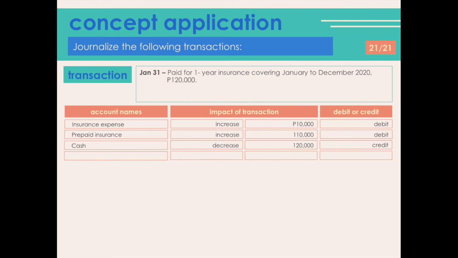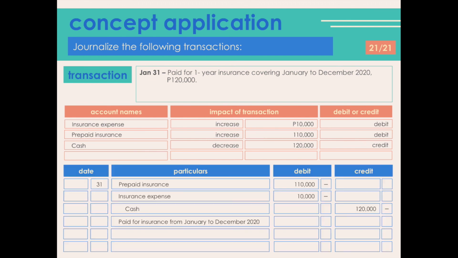The remaining part of the payment pertains to advance payment for services covering February to December 2020. To record the entry, we first make a debit to prepaid insurance for the portion pertaining to advance payment and also debit insurance expense for the portion already consumed.